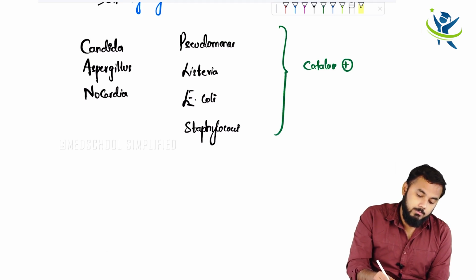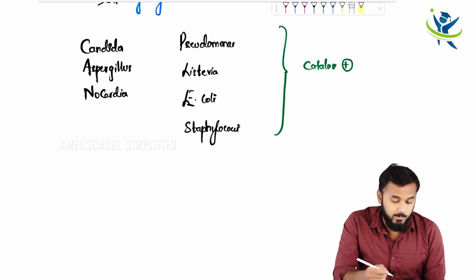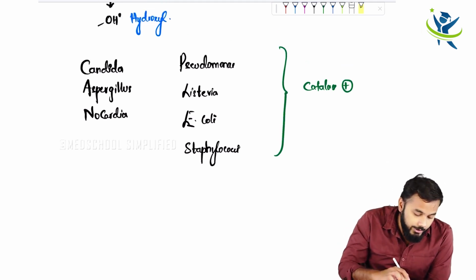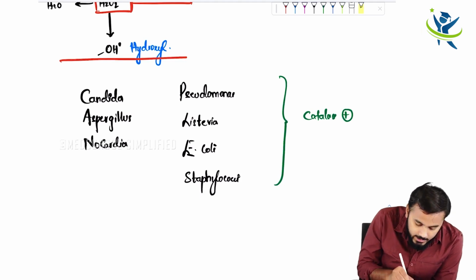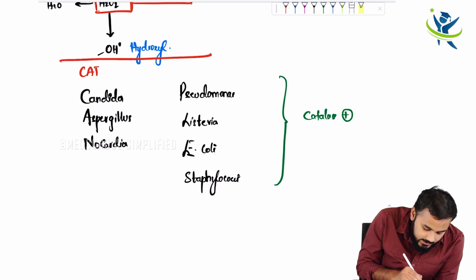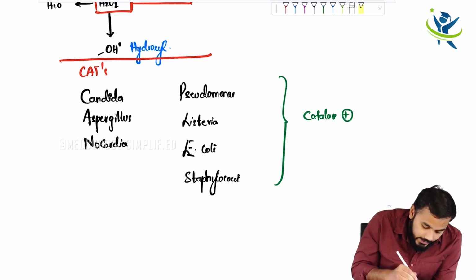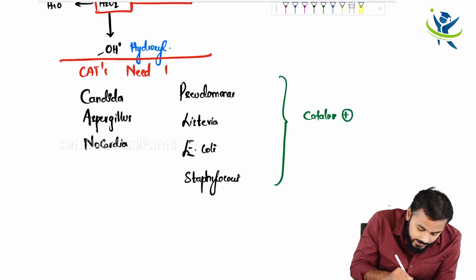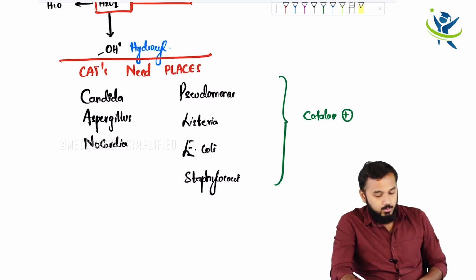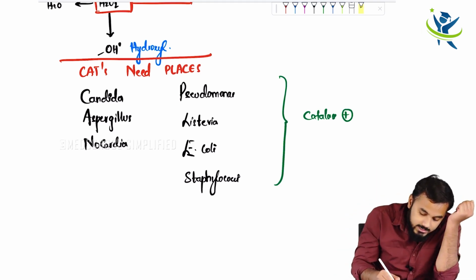Fine. Now it comes to the remembering part. How am I going to remember all these things? You are going to remember with a mnemonic again, that is CATS. Catalase is CAT, cat, right? So cats need places to live. What does C stand for?